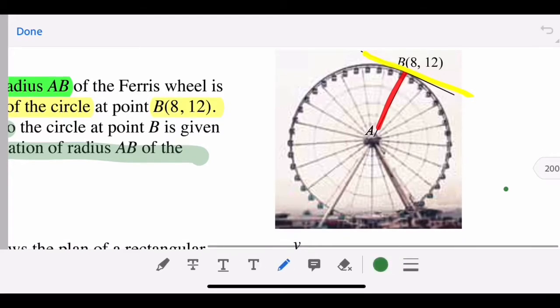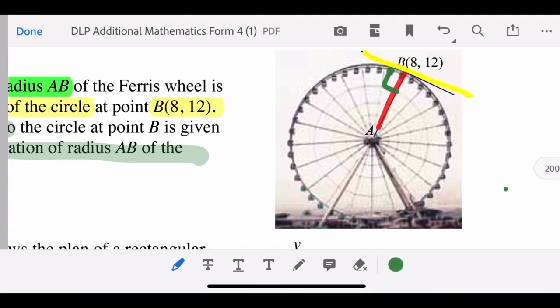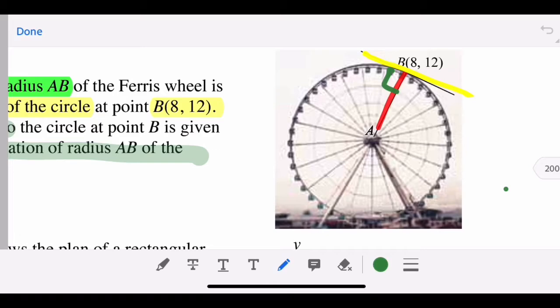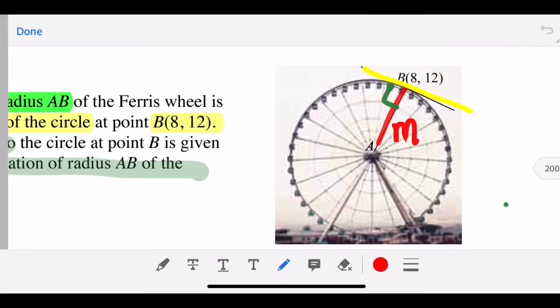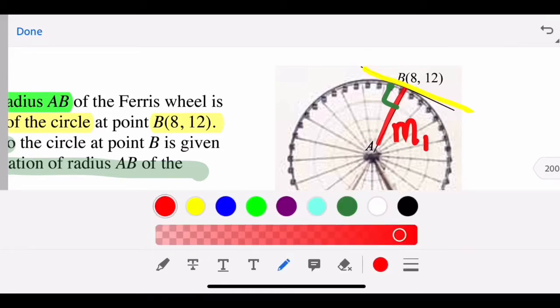Alright, so now we need to understand that perpendicular means 90 degrees. So I label 90 degrees with a green color. That is a right angle, to show you that the radius and tangent are always perpendicular. So let's say the radius has gradient m1.